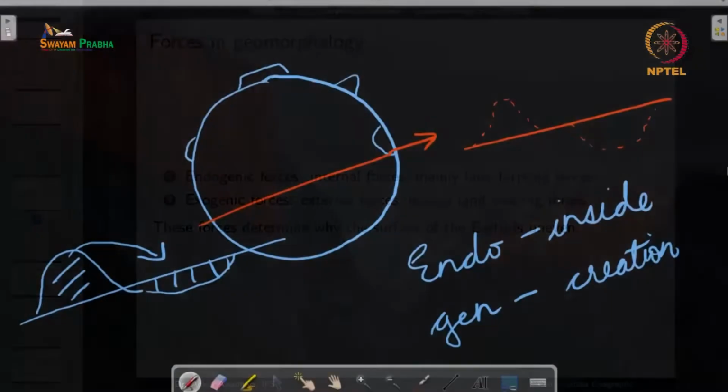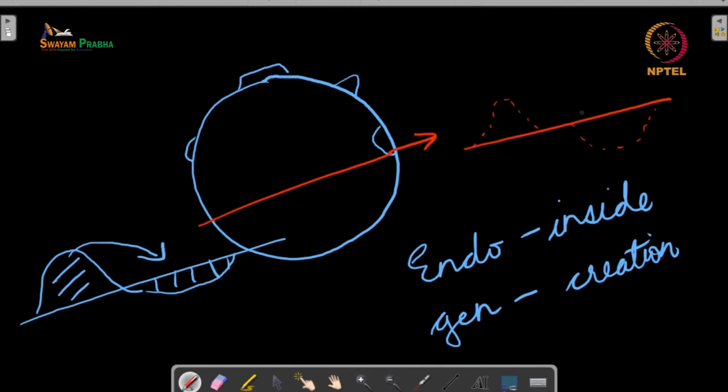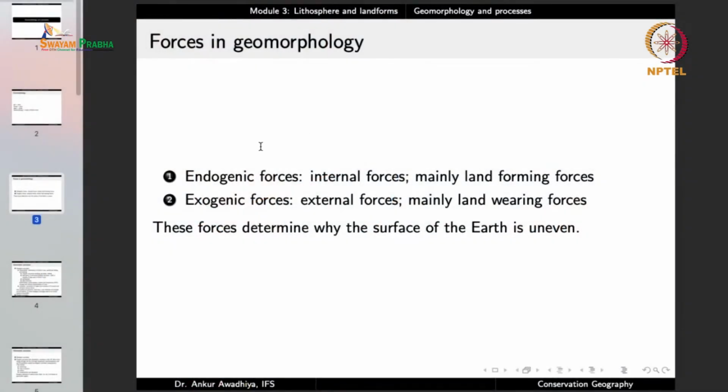So what the endogenic forces do is that if there is a flat land, they convert it into a landform that is up and down. So this is the role of the endogenic forces. So there are two forces, endogenic and exogenic. And these forces determine why the surface of the earth is uneven.